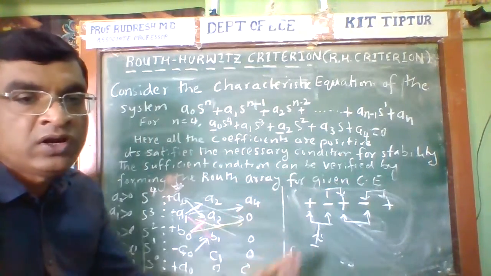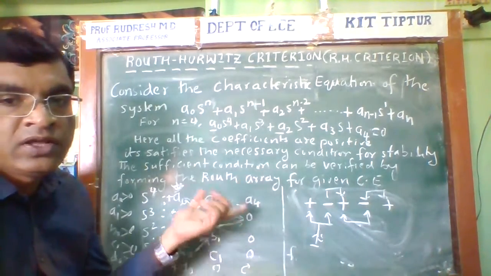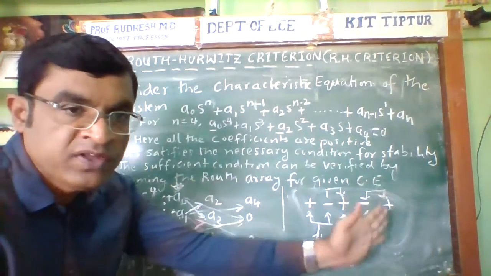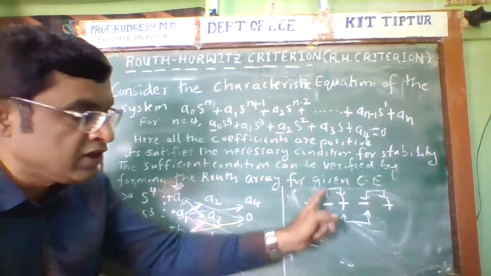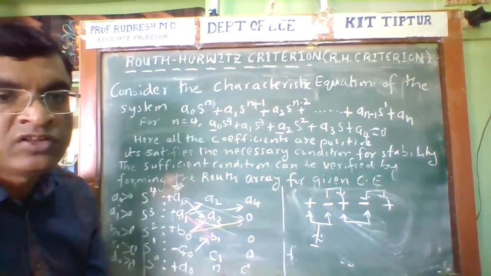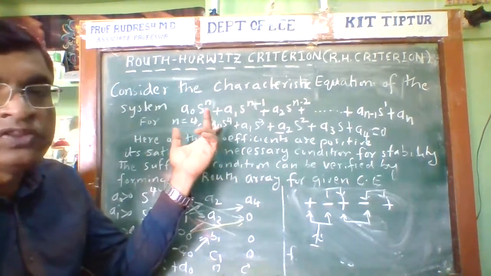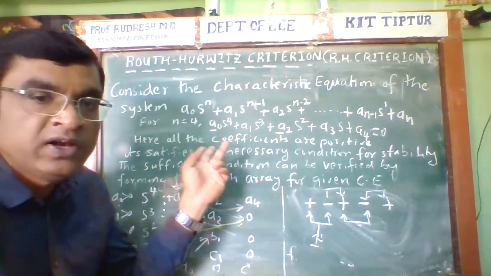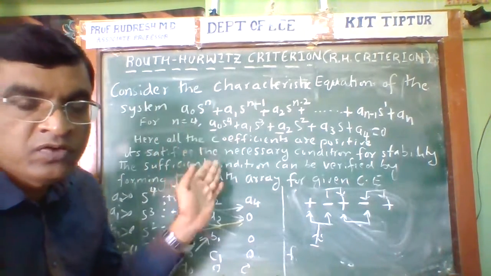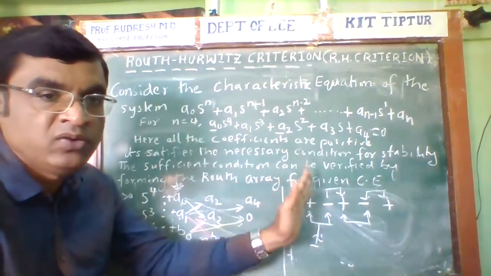Therefore, how many roots are lying on the right half of the S-plane? The number of roots lying on the right half of the S-plane is equal to the number of sign changes. So here there are 4 changes, therefore the number of roots lying on the right half of the S-plane is 4. The entire equation is a fourth order equation, so there are 4 roots, and all 4 roots are lying on the right half of the S-plane.